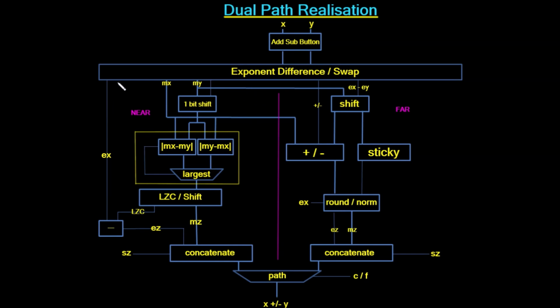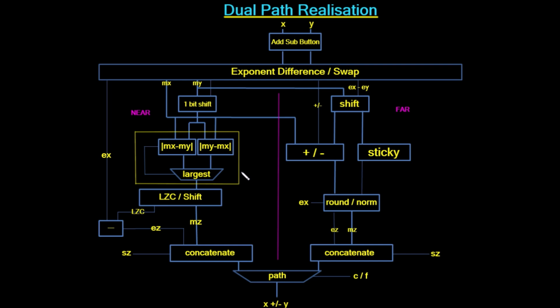So on the left hand side we have the near path, and on the right hand side we have the far path. So let's talk over the near path first of all. Now we only use the near path whenever we do a subtraction and there has been a cancellation. So in that case we take the mantissa value for x and the mantissa value for y. Now this cancellation will only occur whenever the exponent difference is a value of 0 or a value of 1.